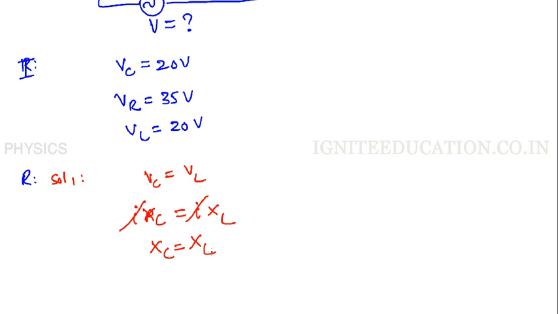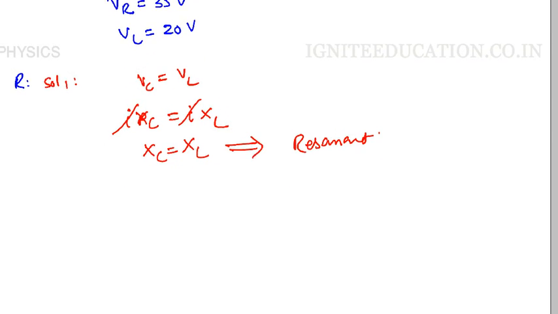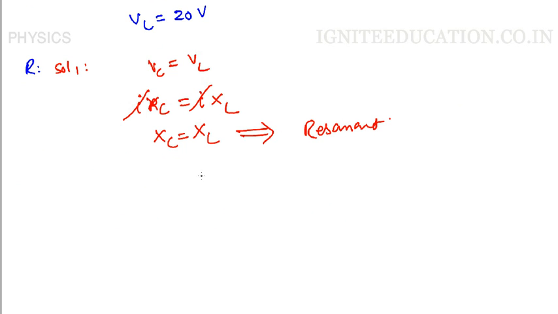That means the inductive reactance and capacitive reactance are the same. But this will be possible only at a resonant condition. So this is a resonant condition. That means the total resistance offered by the circuit is R itself.